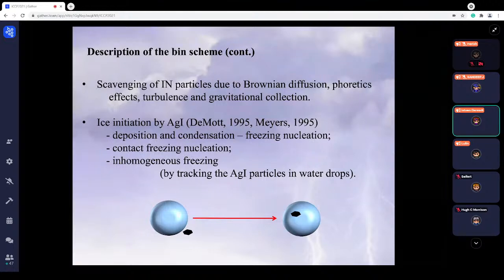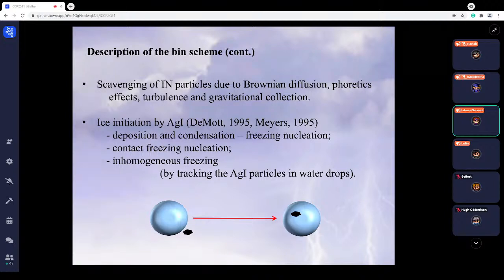Okay, so it is important to know how the ice nuclei, I mean the artificial ice nuclei, can impact the precipitation formation. Here you can see that we simulate the deposition and condensation effect, and also the contact freezing effect.